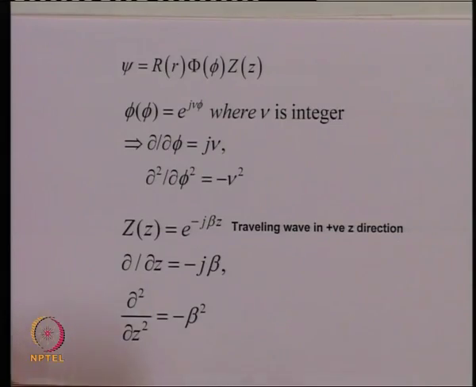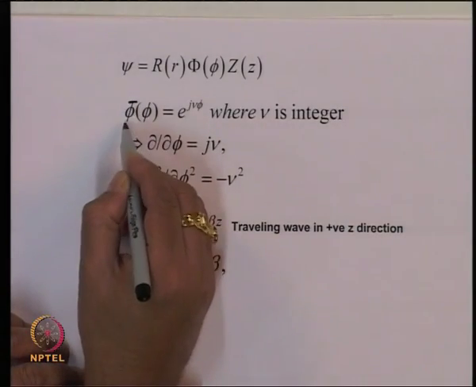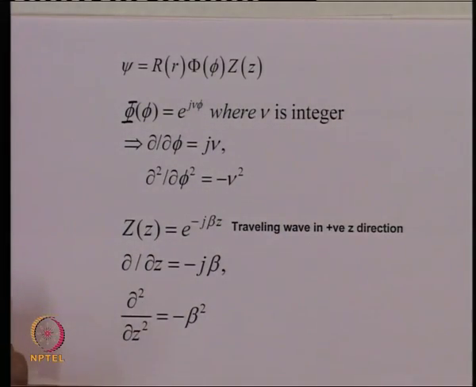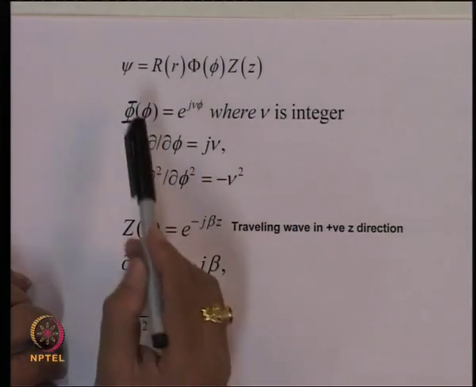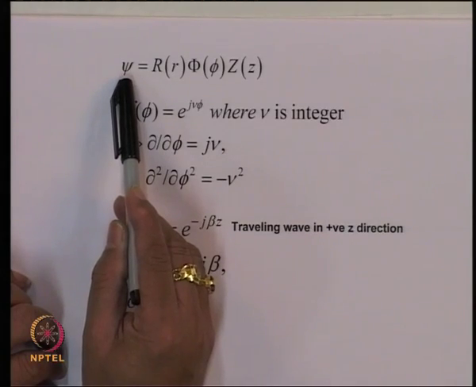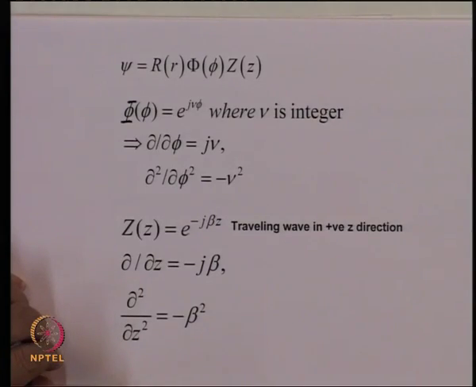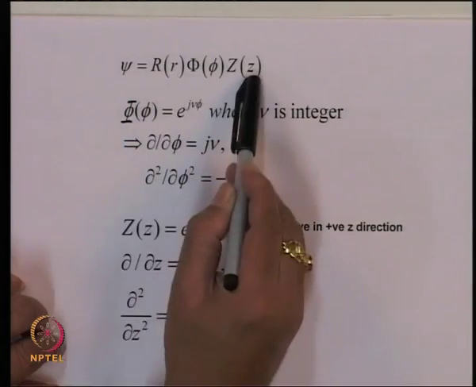Firstly, what we note here is that this quantity capital phi of phi shows the variation of psi in the azimuth, or in the cross sectional plane of the fiber, at a given value of r and a given value of z.